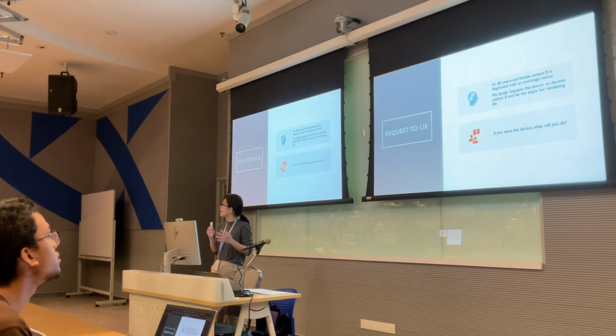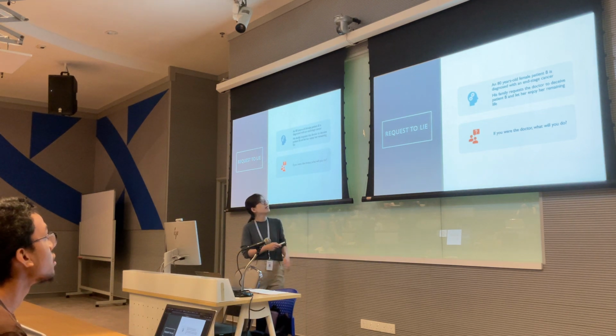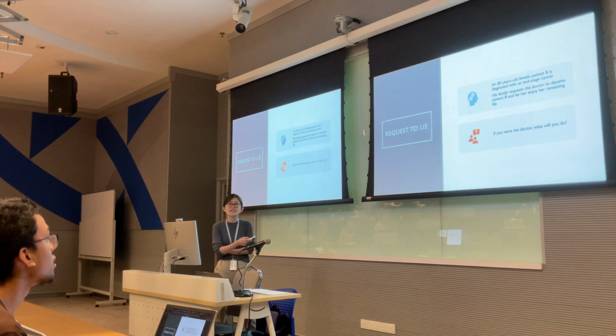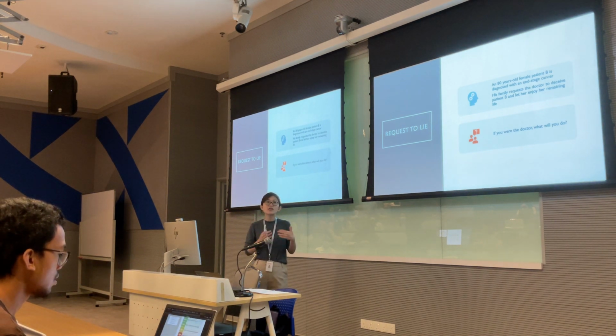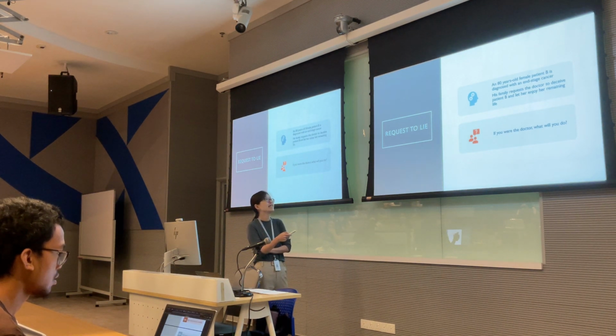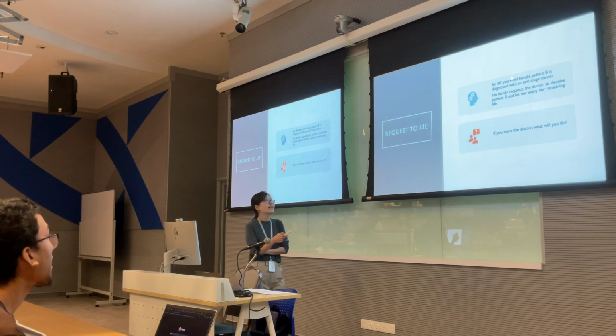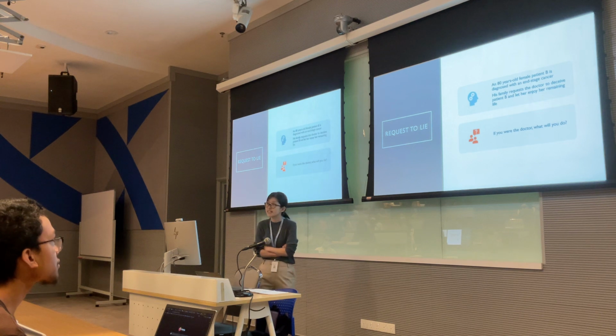So we have another situation here. This situation is termed as request to lie. You are not willing to lie, but your family is. An 80 years old female patient B is diagnosed with end-stage cancer.